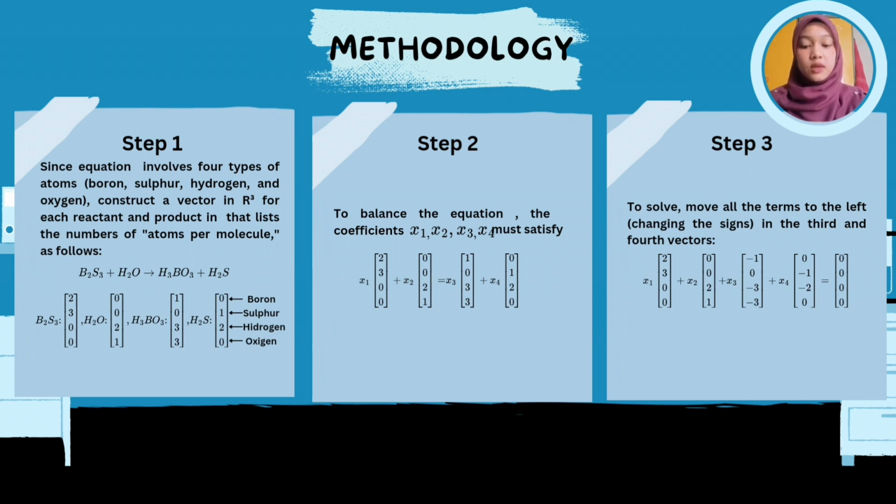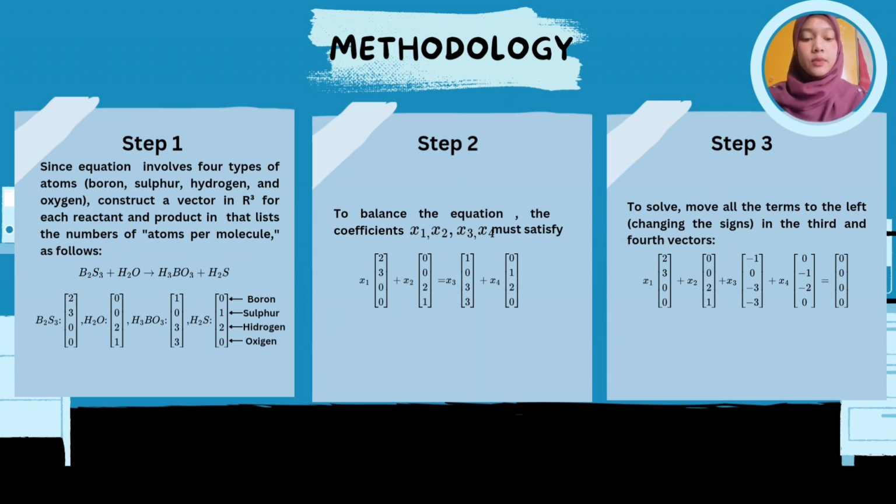And for the last one, hydrogen sulfide, we have 0 boron, 1 sulfur, 2 hydrogen, and 0 oxygen. The arrangement of the atoms doesn't matter, but keep it consistent until the solution is done.